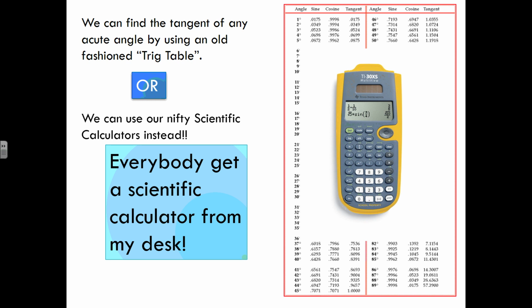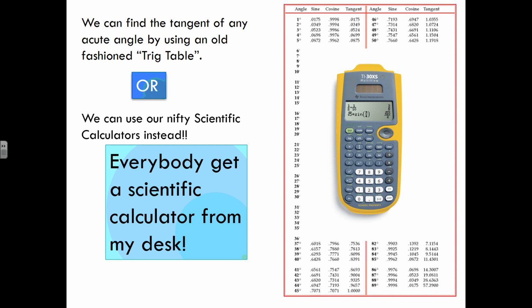If you're at home, you have your own scientific calculator, or if you don't actually have a calculator, your smartphone, the calculator app in it, if you turn your phone sideways, it becomes a scientific calculator, and then it has the sine, cosine, tangent buttons on it.